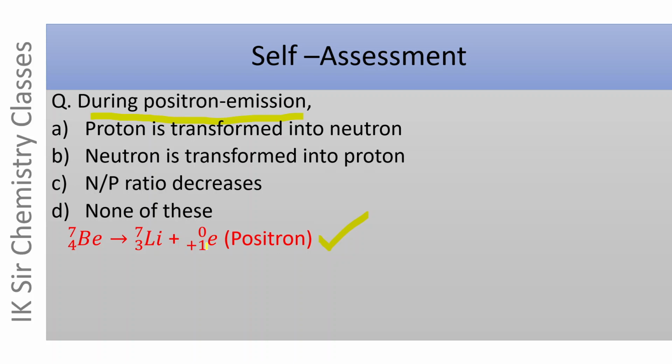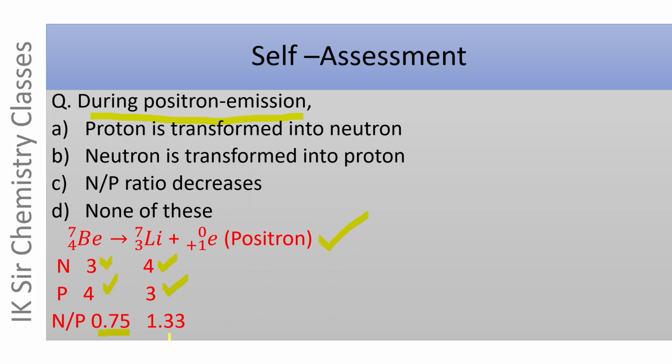Be7 emits a positron forming Li7. Be7 contains 3 neutrons and 4 protons. Its N by P ratio will be 3 by 4, that is 0.75. Lithium 7 contains 4 neutrons and 3 protons.